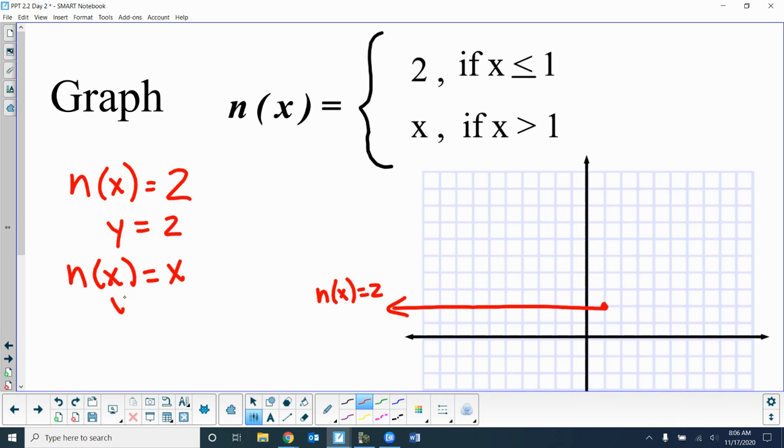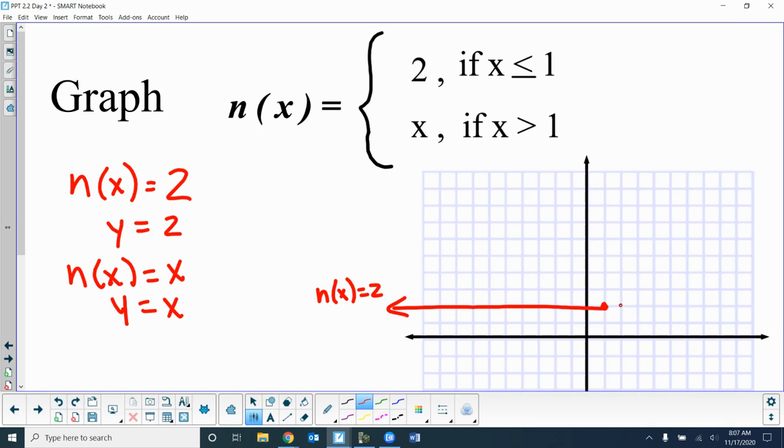Okay? N of X equals X, or Y equals X, when X is greater than 1. Okay? So, if Y equals X, if X is 2, what's Y? If they're equal. 2. If X is 3, what's Y? 3, right? So, oops, that's wrong. I did 2, 3 there, didn't I?